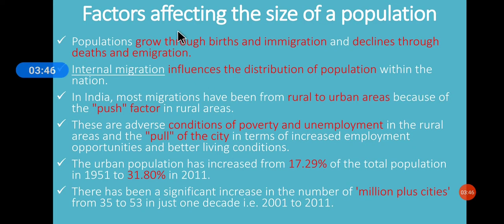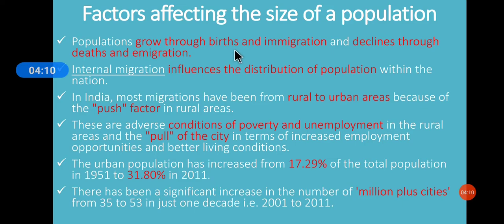Next, factors affecting the size of population. What are the other factors that affect the size of the population in a region? Why does it increase or decrease? Populations grow through birth and immigration, that we saw in the previous slide, and decline through death and emigration also.